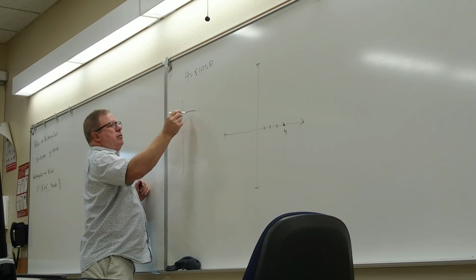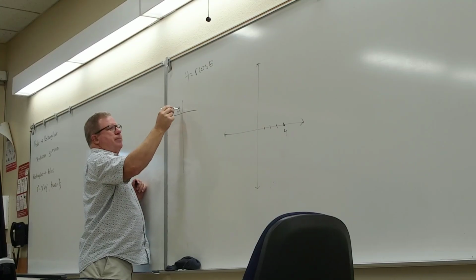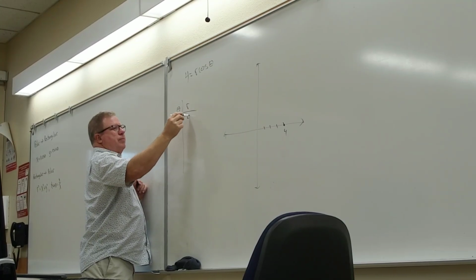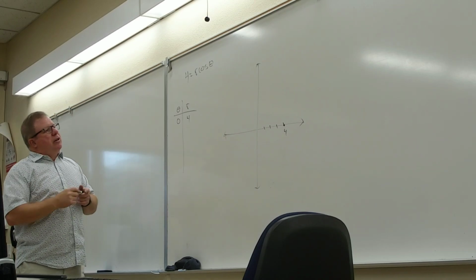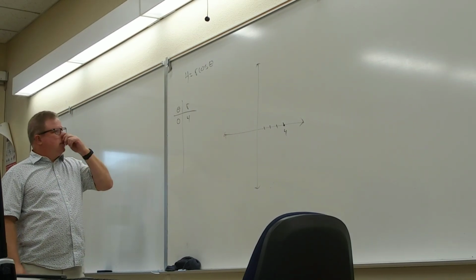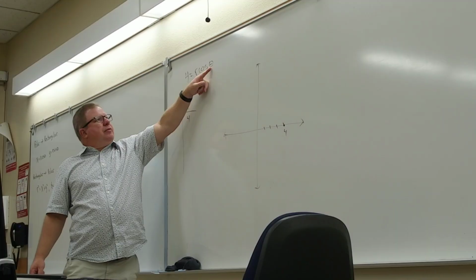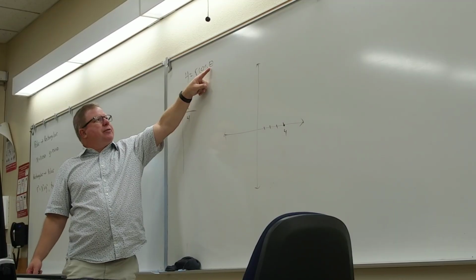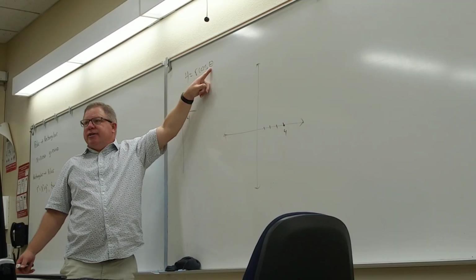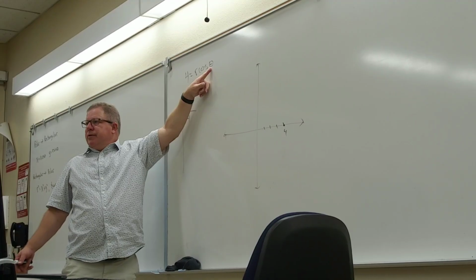I guess I'll make a little one. All right. Let's put in pi for theta. Cosine of pi is -1.